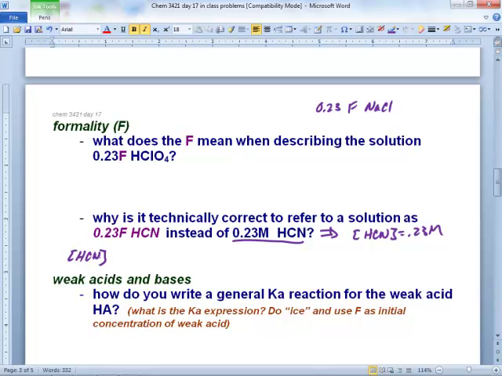So it doesn't really matter what this thing is. Whatever that big blob is, you put it right here and say the concentration of that thing in all its forms is 0.23 molar.